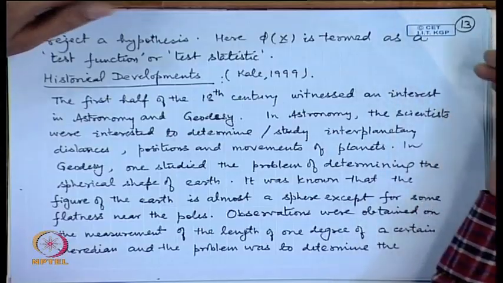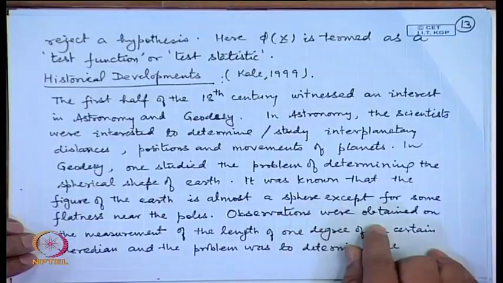In astronomy, the interest was to find out the interplanetary distances, the positions of the various planets or stars and their movements. In geodesy, one wanted to find out the spherical shape of the earth. It was known that the earth is spherical, but flat near the poles. So, a standard technique is to take observations, not one, but several measurements are taken.